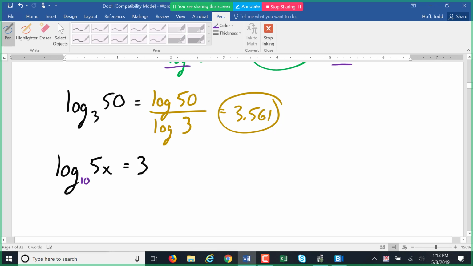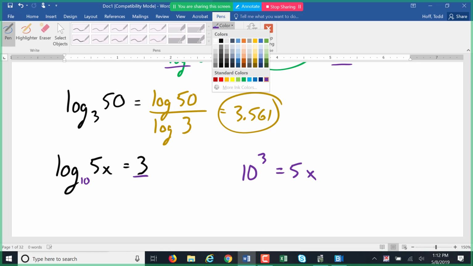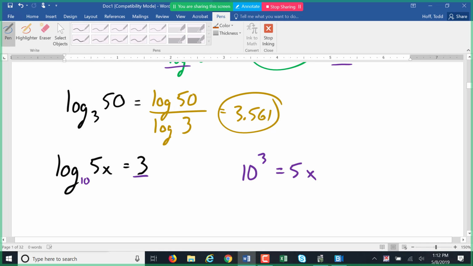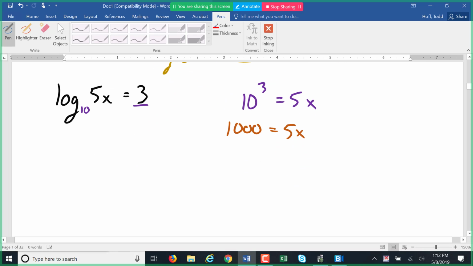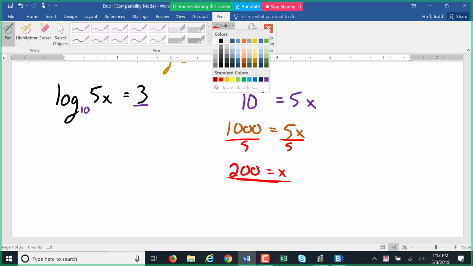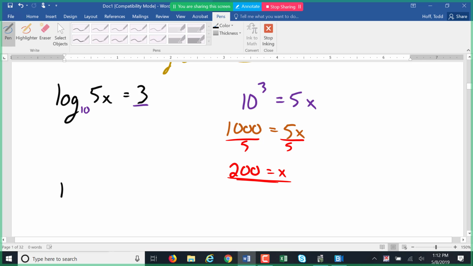There's no base written, so we assume that's base 10. 10 to the power of 3 equals 5x. And then we can solve that. What is 10 to the power of 3? 1,000. So 1,000 equals 5x, and what do we do to solve that? Divide by 5 to get 200 equals x.